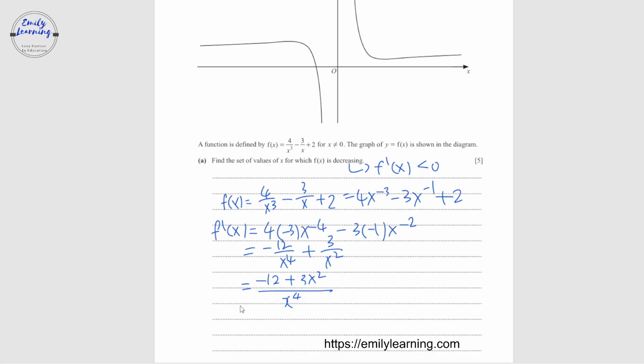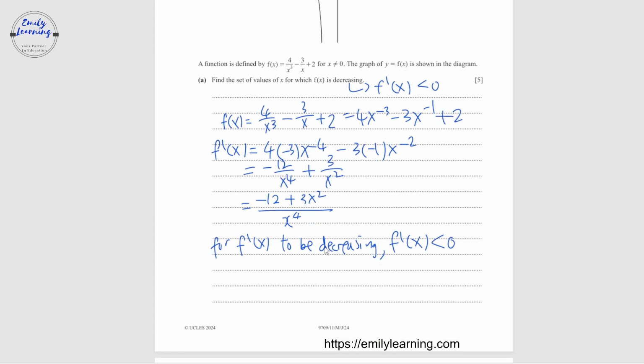Okay, so for f(x) to be decreasing, I know that f prime x must be less than 0. So in other words, this whole thing is less than 0.